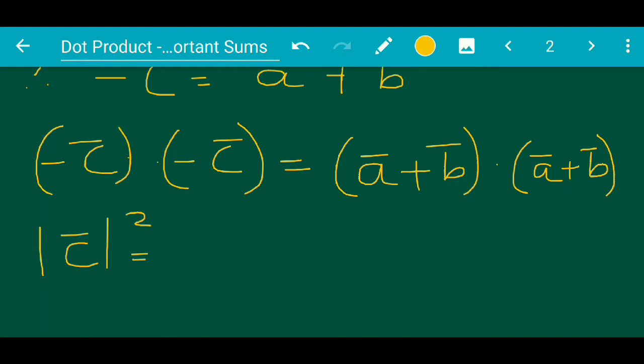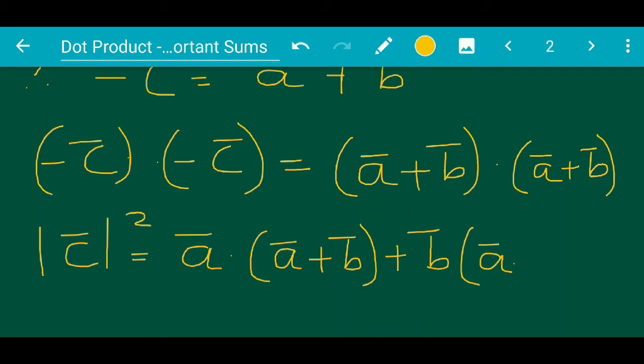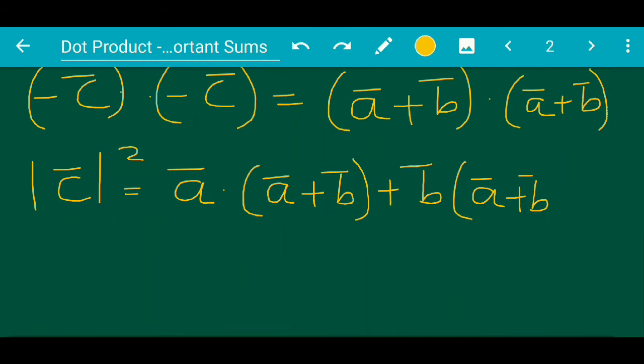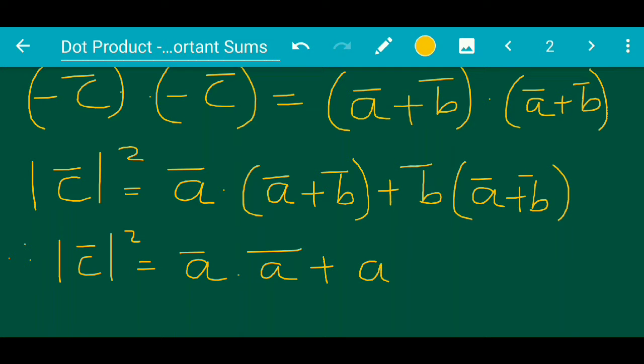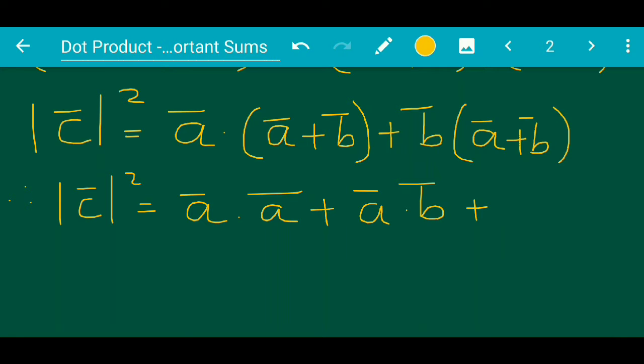So mod C square becomes, now when we open the brackets, you know that we can do the sum this way, that is A dot A plus B plus B dot again A plus B. And therefore we get mod C square is equal to A dot A plus A dot B plus B dot A plus again B dot B.